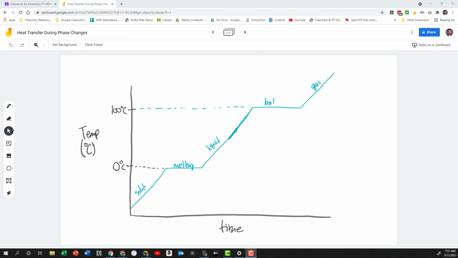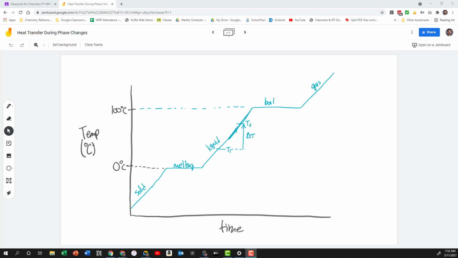Okay, so if we want to heat up a liquid from some initial temperature to a final temperature, going from this point to this point is delta T, right? Change in temperature.